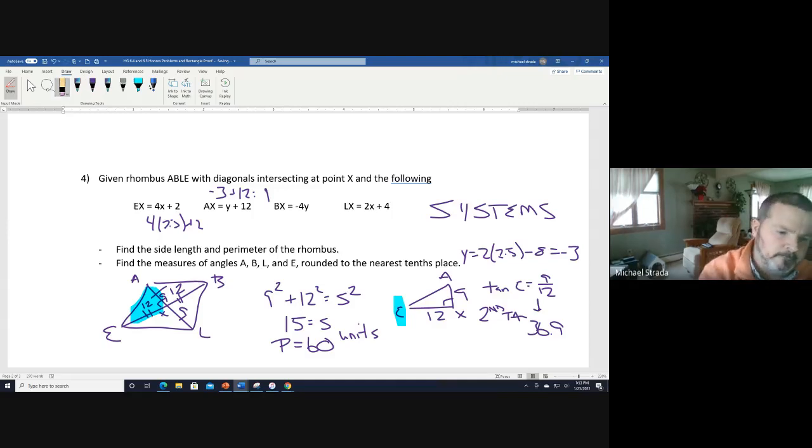All right. However, when you come back to your diagram, realize, please, that the 36.9 is just that angle. And those angles are bisected, so that portion's also going to be 36.9.